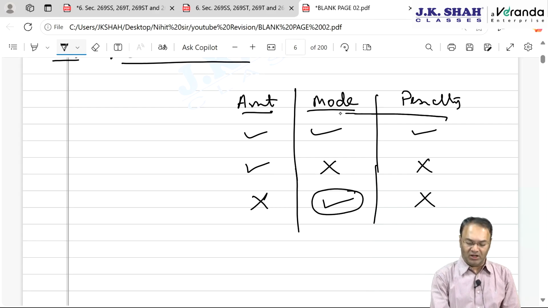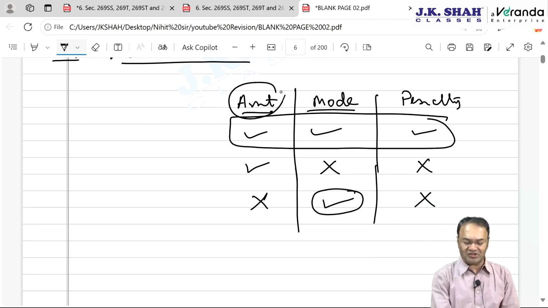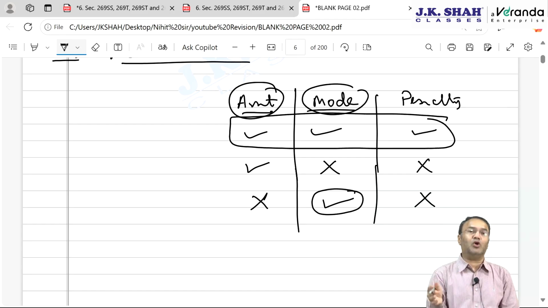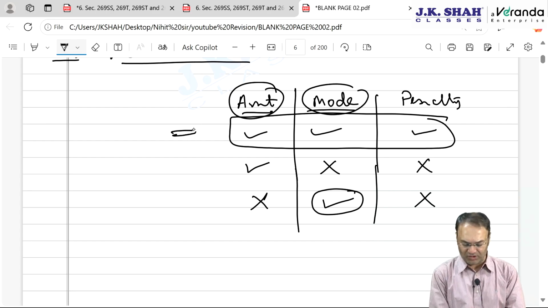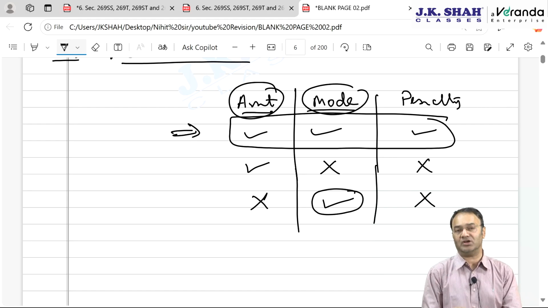Meaning thereby, penalty can be levied only if both the conditions are satisfied: the amount is 20,000 or more, plus the mode of acceptance is otherwise than by account payee cheque, draft, ECS. Just remember this condition, this is the crux of this section. If you understand this, then you will understand the whole section.